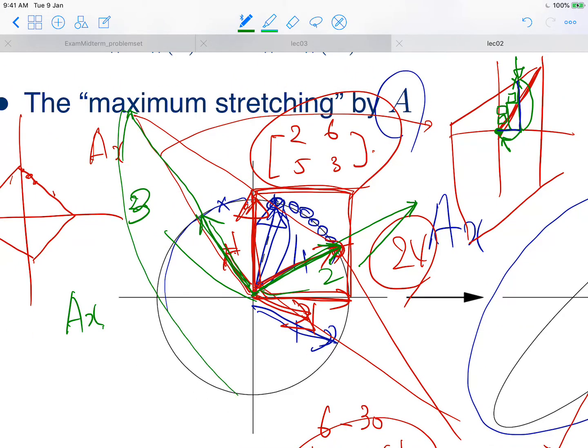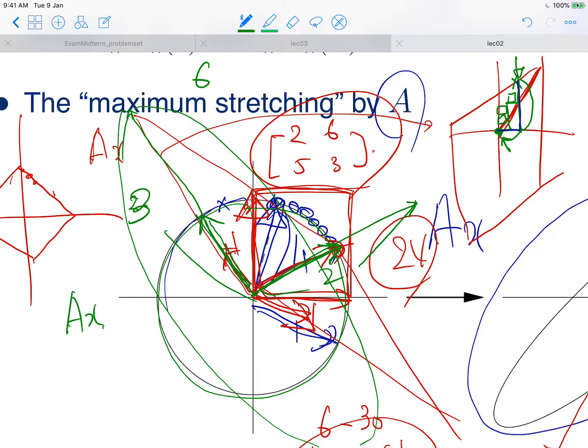In this case, we can think of this ellipse. What is the volume ratio compared to the original volume of the unit circle? That will be 2 times 3, which is 6, right?